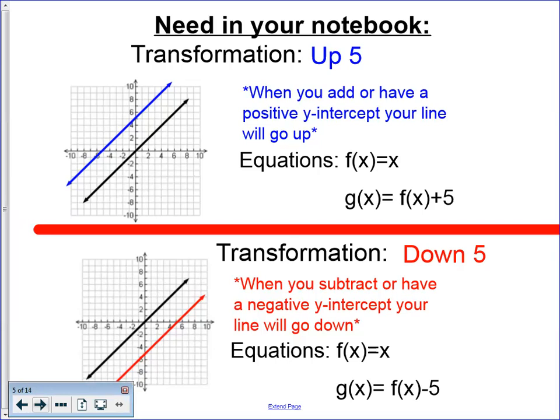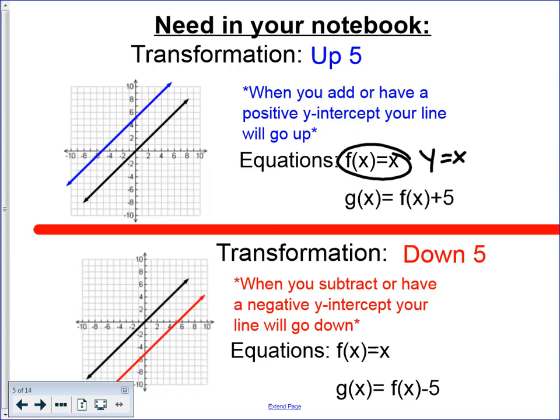Now, equation-wise, you're going to have f of x equals x. Remember, this is the same as y equals x. They are exactly the same, f of x and y. There is no difference besides one is y, the other is f of x. F of x just means that we have a function. This is definitely a function.